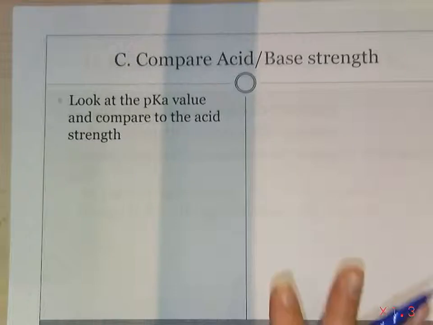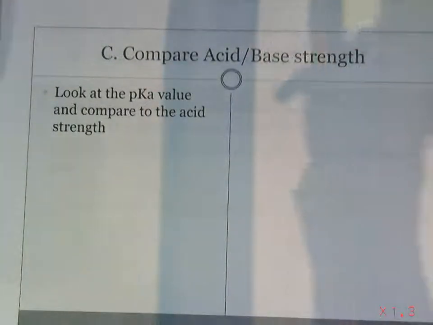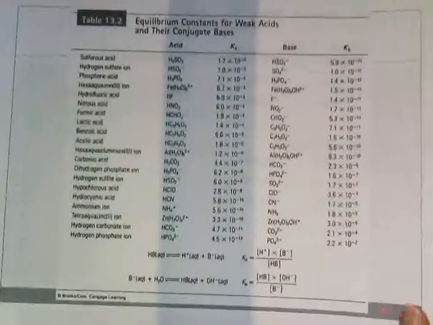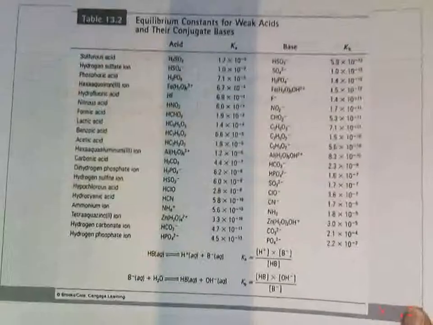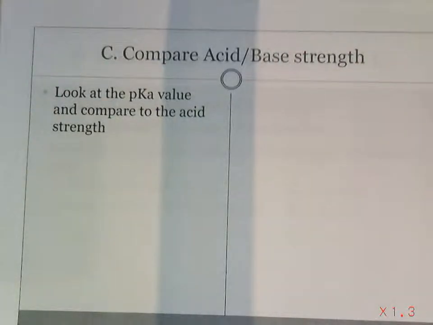In order to compare acid and base strengths, here we have all these Kas on a sliding scale, but they're all pretty small. We're going to do the same thing we did with pH. It's very hard to compare numbers when it's like 10 to the negative 6 compared to the positive 6, trying to figure out which one is strong and weak.